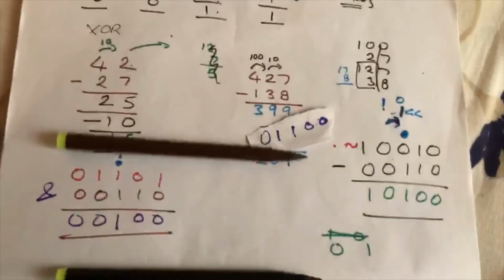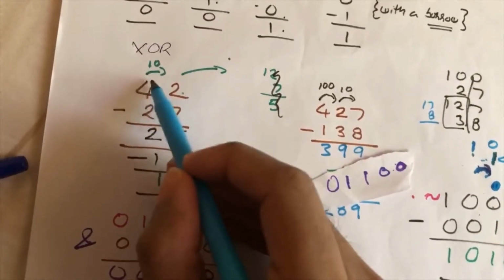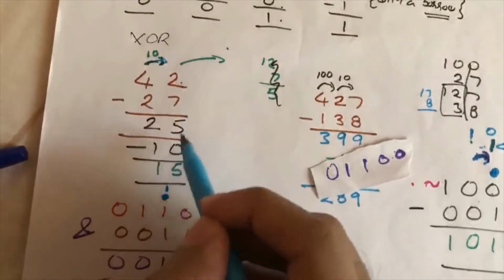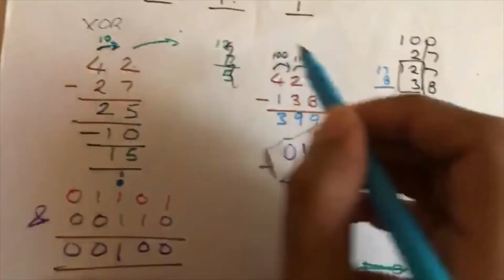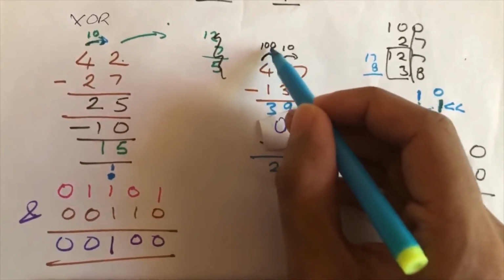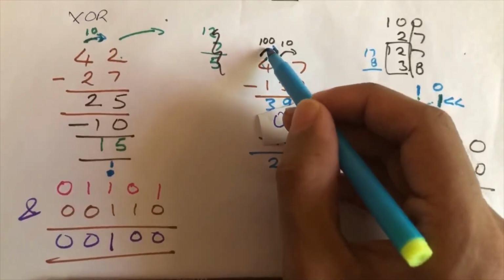So here also, 42 minus 27. We are borrowing from the 10th place, so we have to subtract the 10. We cannot just subtract a 1. We need to subtract it from the place where it is borrowed. If we borrow from the 100th place, we subtract 100.